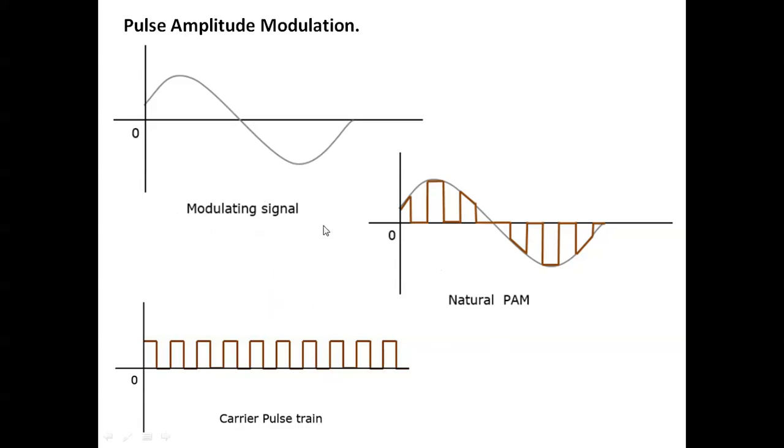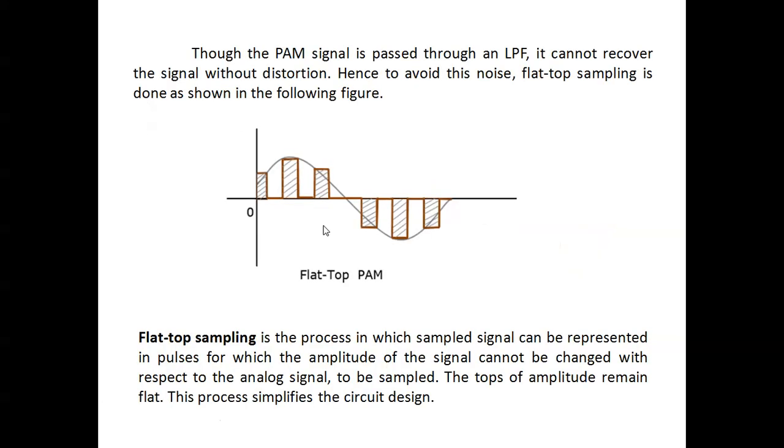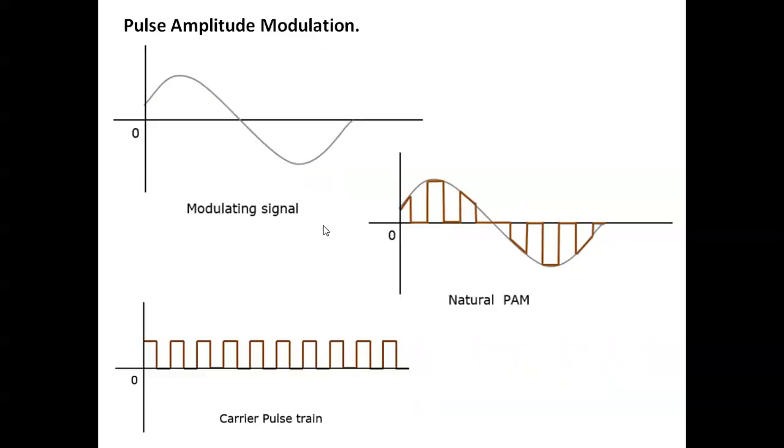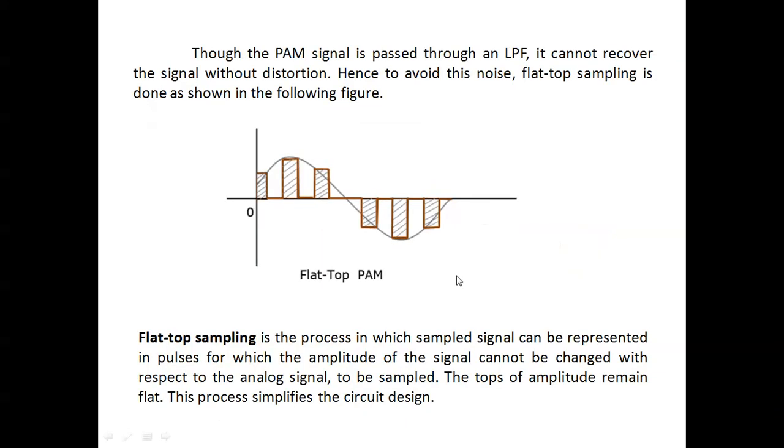Based on the amplitude, the carrier pulse amplitude varies. So this is called pulse amplitude modulation. Okay, so this is natural PAM, natural pulse amplitude modulation.